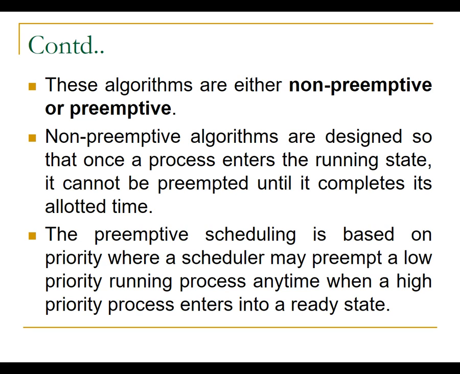Let me repeat the words again. As you can see on the screen, preemptive scheduling is based on various types of priority, where the scheduler may preempt a low priority running process anytime when a high priority process is already in the running state.